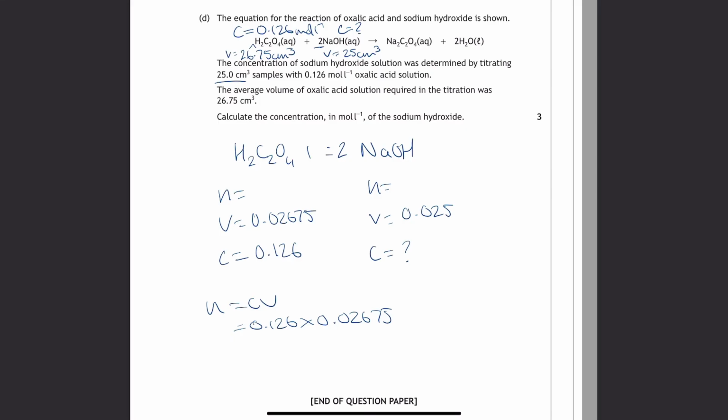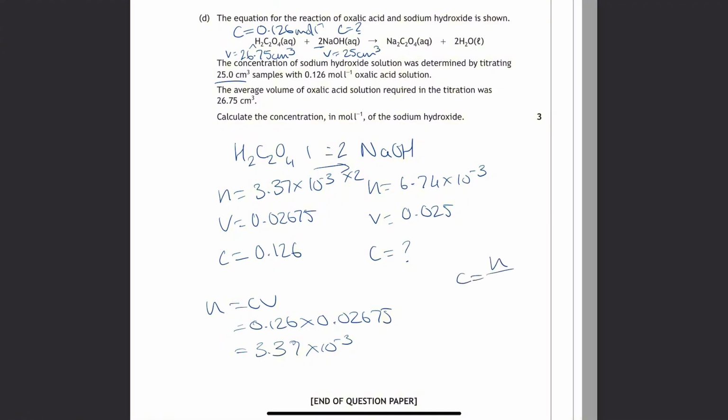That gives us, if your calculator is in scientific notation, 3.37 times 10 to minus 3. So then if it's a 1:2 ratio, we times by 2 to go across, which gives us 6.74 times 10 to minus 3.